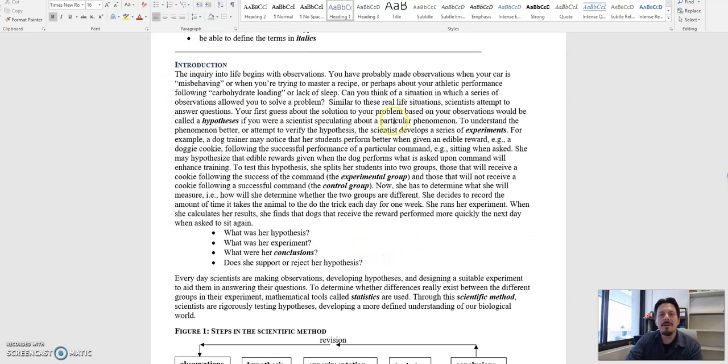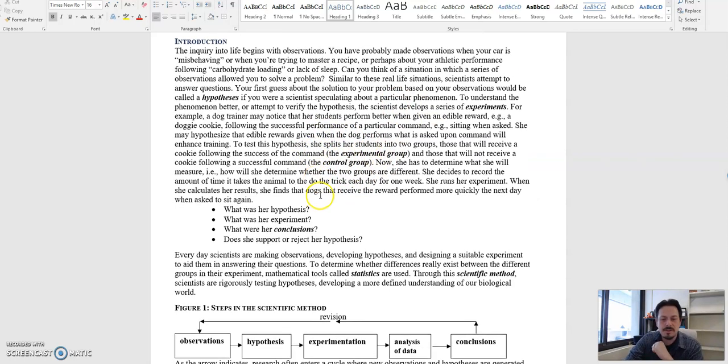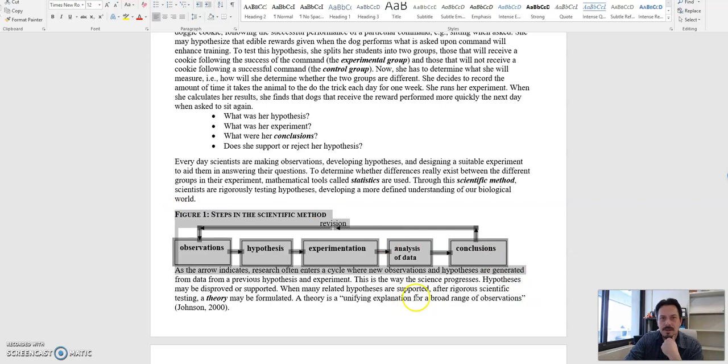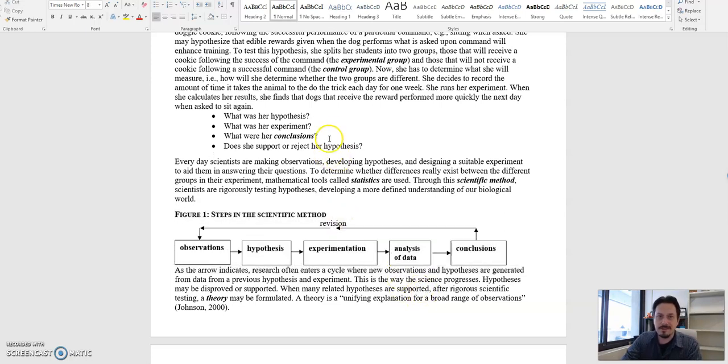It talks a lot about what I just said, but it gives a little more information. It actually gives you another example. It talks about control groups and experimental groups, and please make sure that you memorize the different parts of the scientific method. You'll be tested on it. I mean, this is the basis of science, and you are in a science class, so you should probably know a thing or two about the scientific method.